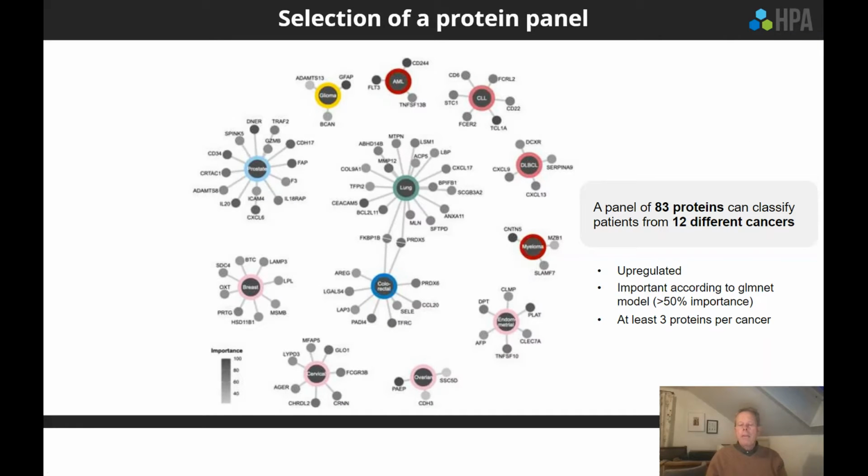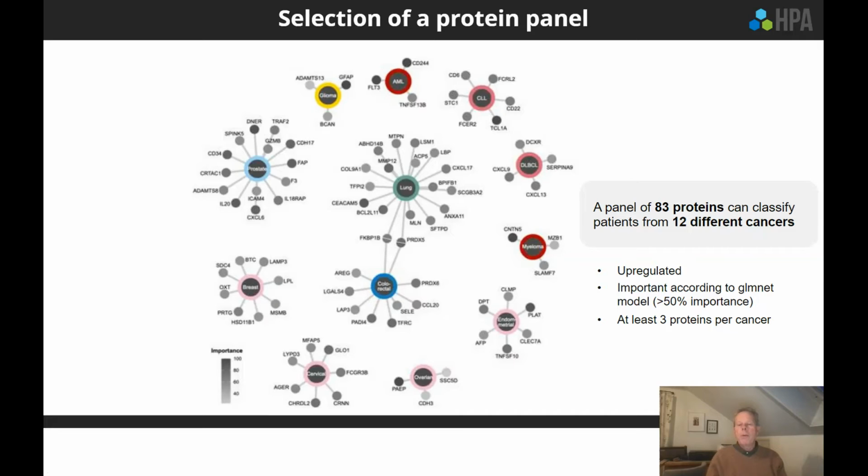But anyway, since we're using machine learning, we asked the algorithm whether we can scale down the 1,500 proteins into a more convenient panel. And the model turned out to give us 83 proteins that can be used to classify patients from all the 12 different cancers.